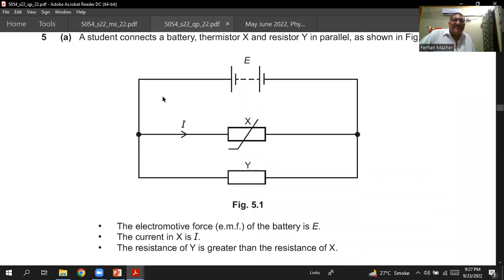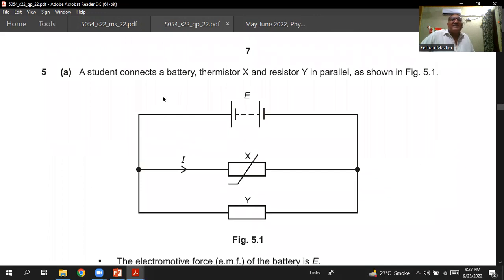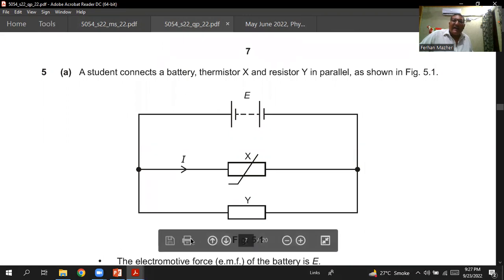Okay. A student connects a battery, thermistor, and a resistor Y in parallel as shown in figure 5.1. This is a battery, this is a thermistor, and this is a fixed resistor.